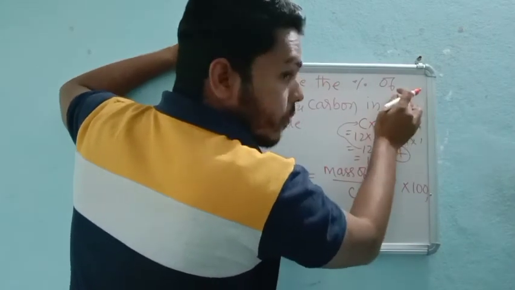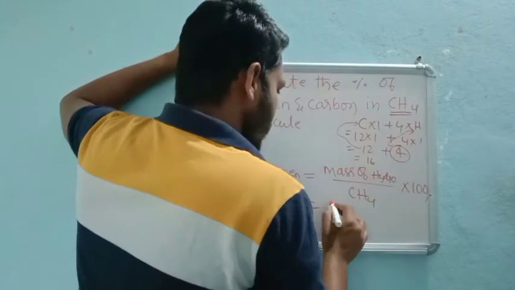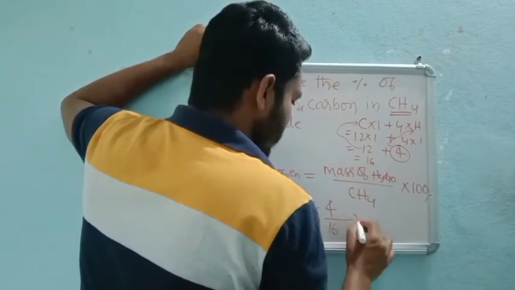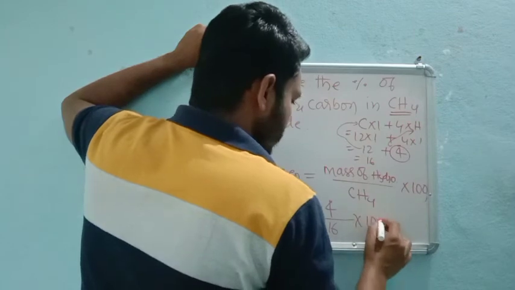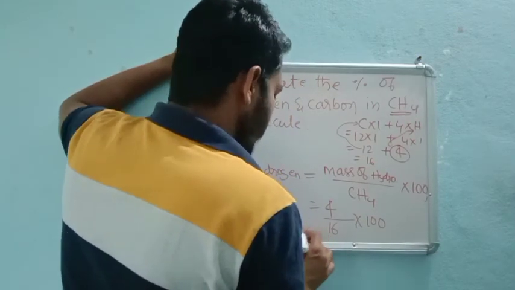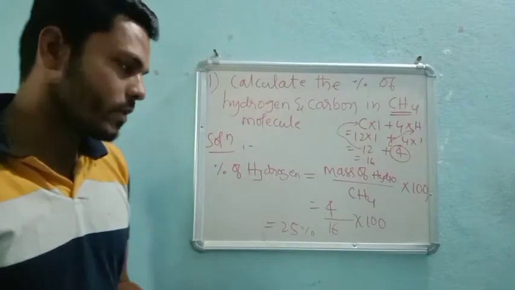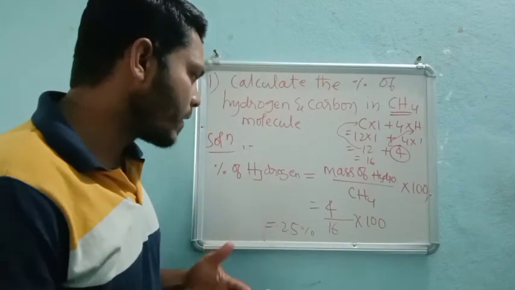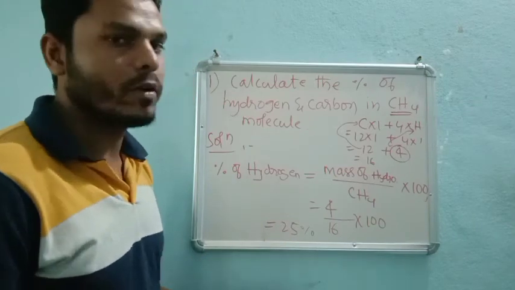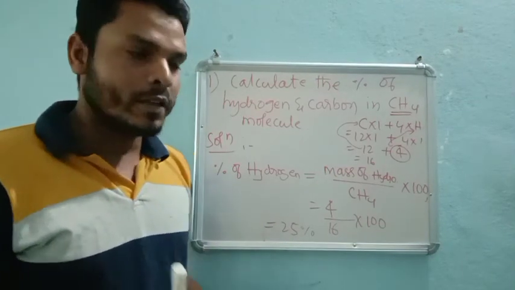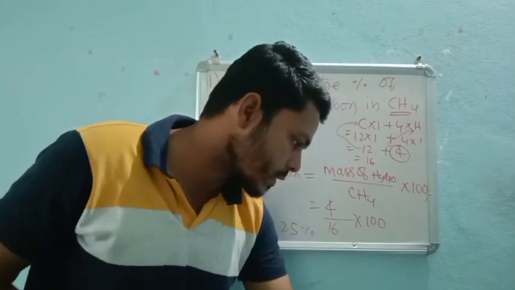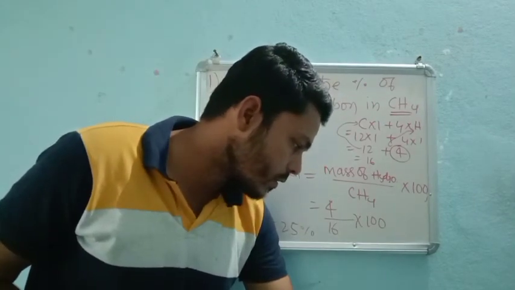Why? Because there are 4 hydrogens present. So 4 divided by 16 into 100. If you simplify it, we will get 25%. Now if I add the percentage of carbon and the percentage of hydrogen, it will become 100%, right?